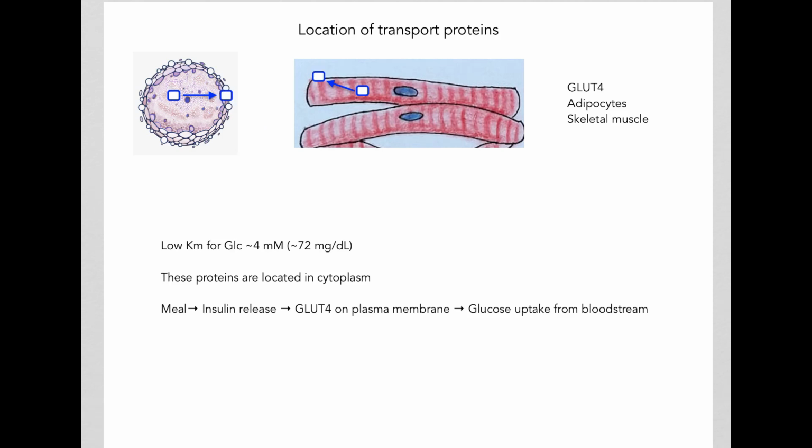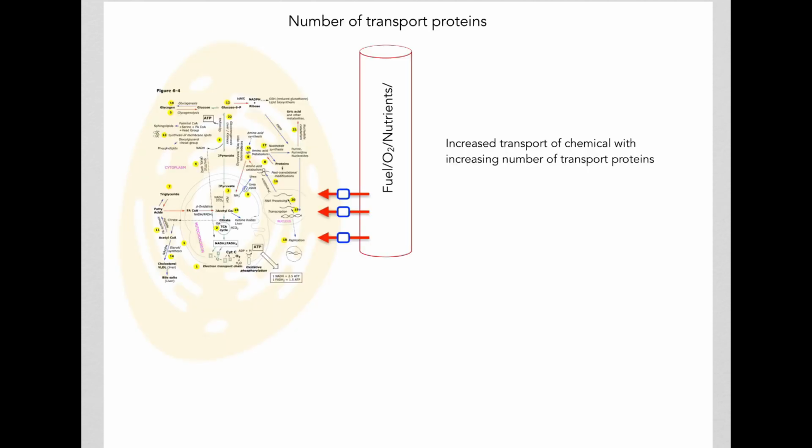So the location of a protein within the cell or on the plasma membrane of the cell is yet another way of regulating metabolism in the human body. Another way to regulate metabolism is changing the number of transport proteins.